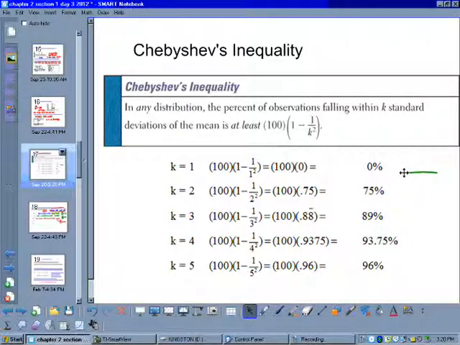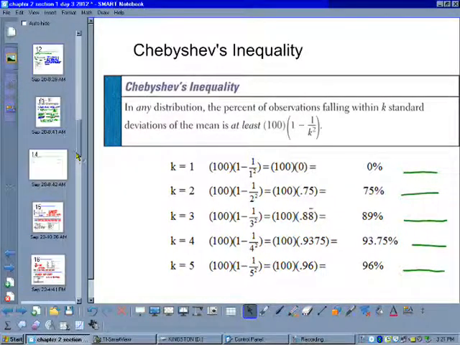For two standard deviations, Chebyshev is guaranteeing us that there's 75% of our data within two standard deviations of the mean. For 3, it's 89%. 4 is 93.75%, and 5 standard deviations plus or minus should give us 96% of our data no matter what our distribution looks like.